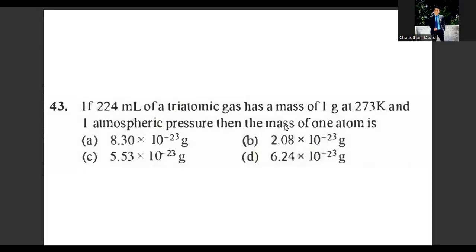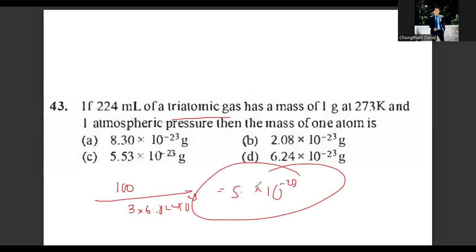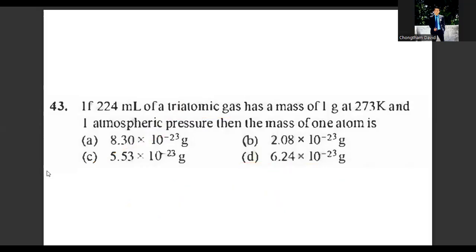The weight of one atom will be, since it is given in terms of grams, 100 by 3 times 6.022 into 10 to the power 23. When you do the calculation, the answer will come approximately 5 into 10 to the power minus 23. So C would be the answer. In the exam, you need not do the exact calculation, just go with the approximate value.